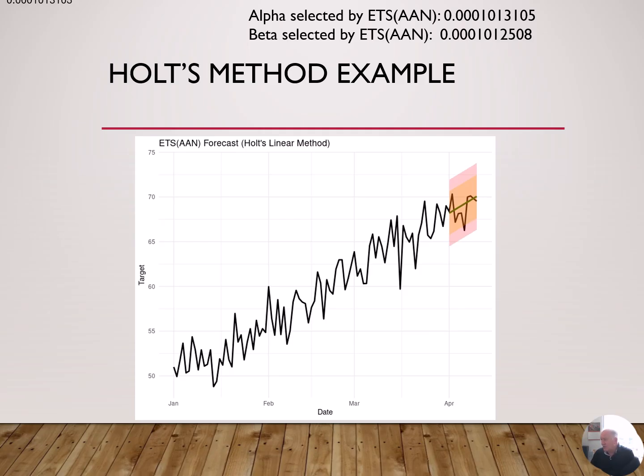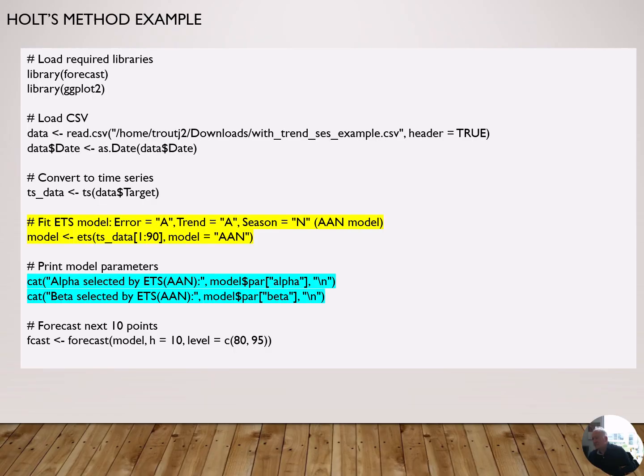And in this case, we'll show the trend in there, and at least we're predicting the trend very well. In the last one, what we did was not include the trend, so it was A, N, N, and we got these values.